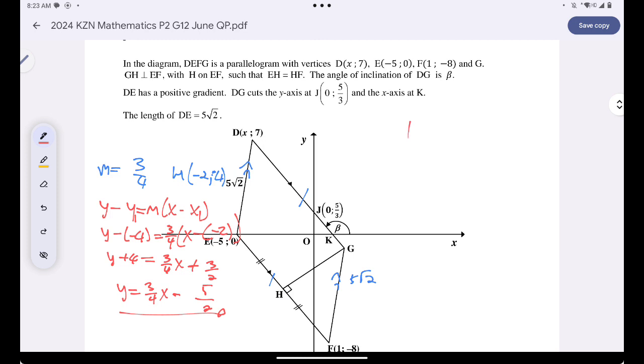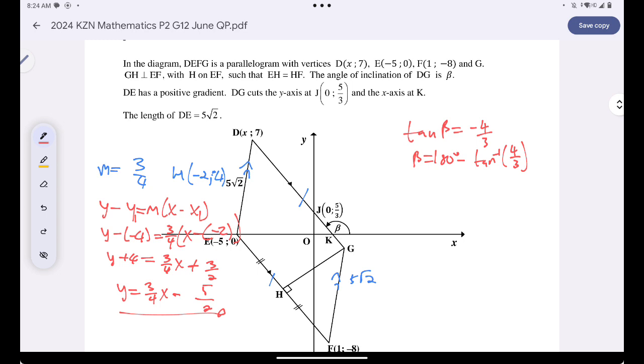So I'll simply say tan beta is equal to negative 4 over 3. For me to find beta, I'll simply say beta is 180 minus tan inverse 4 over 3. Please note, whenever I find my inclination, I do not write the negative in 4 over 3. So I'll simply say 180 minus tan inverse 4 over 3.